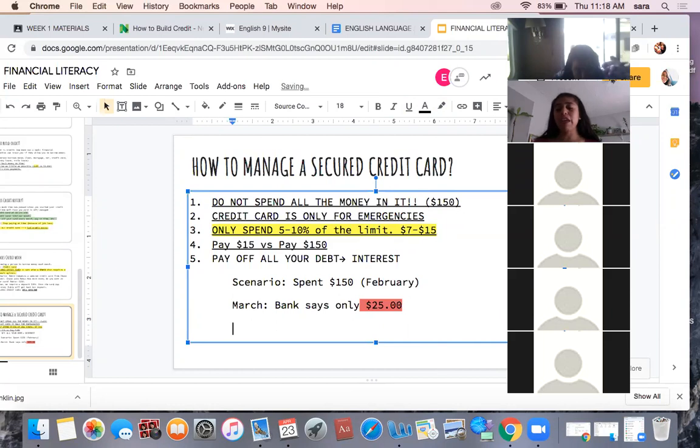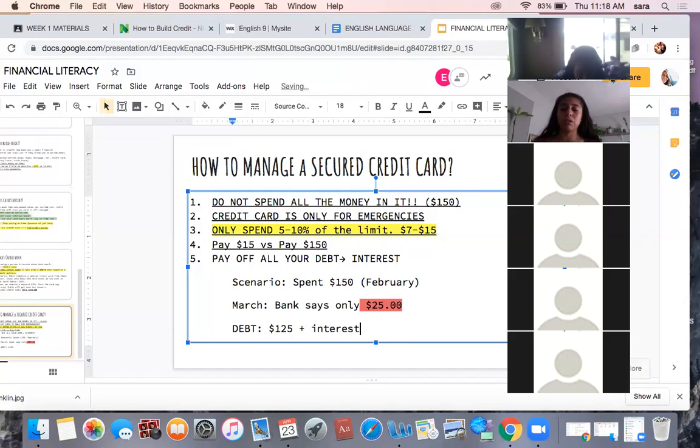So now they owe, right? They're in debt. Their debt is what, 150 minus 25? 125. So they owe the bank $125. Now the bank is super smart and they add interest to that.